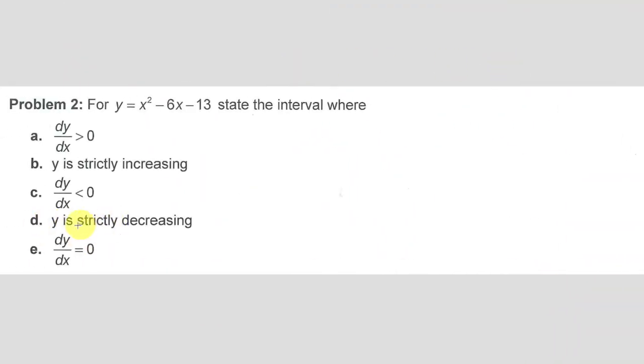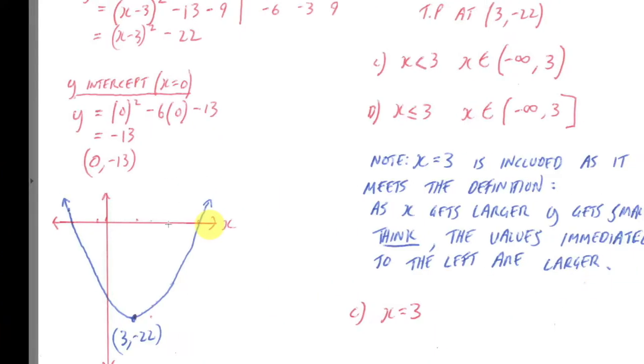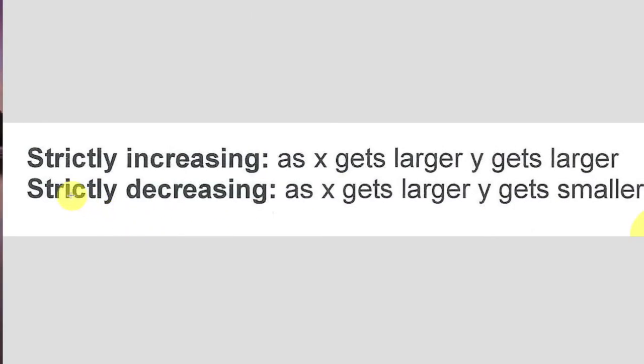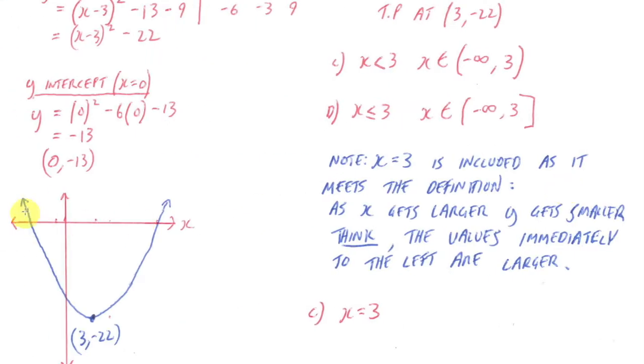And D, where is y strictly decreasing? Take a look at our definition again. Strictly decreasing, as x gets larger, y gets smaller. So if we start over here, you can see that as x gets larger, the values of y are getting smaller. And we get all the way down to our turning point, and we are including the turning point because this turning point is the lowest value that we'll have on the left-hand side.